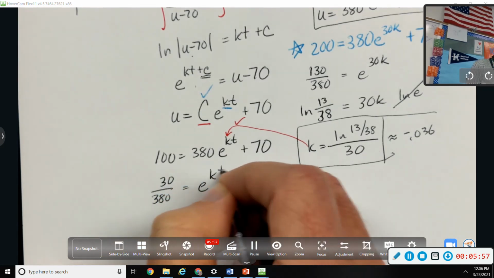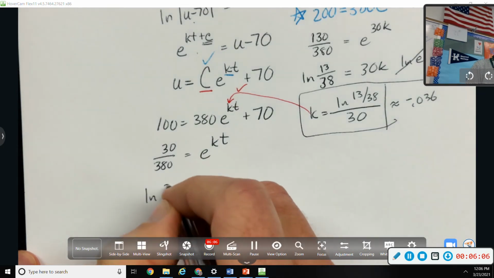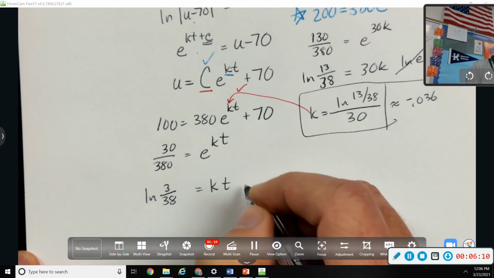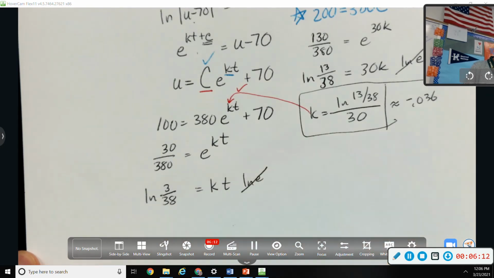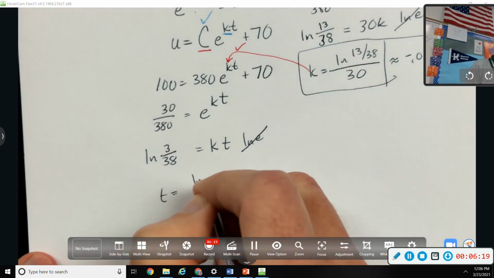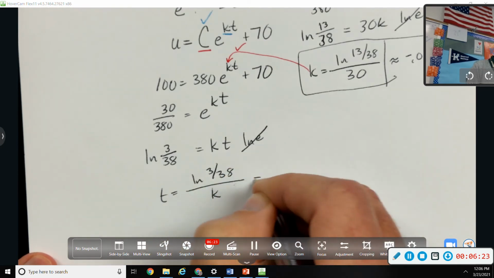This is very similar to what we just did, because k and t are in the same spot, so solving for one of them is just like solving for the other one. Natural log both sides. So t equals natural log of 3 over 38 divided by k.